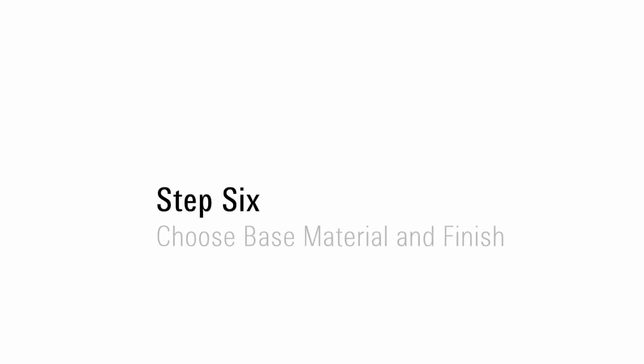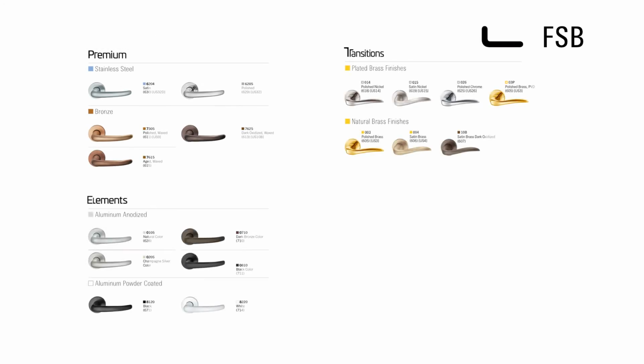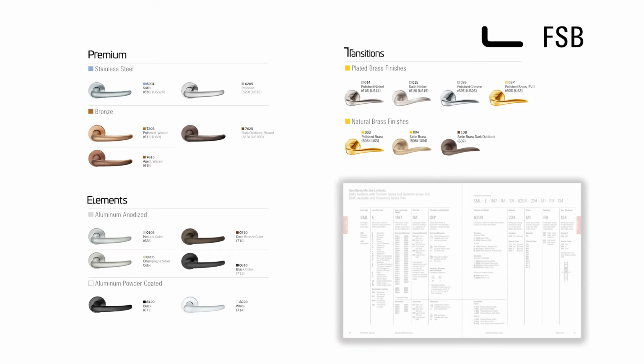Step 6. Choose base material and finish. FSB hardware is available in 3 series of door furniture, including Premium, Elements, and Transitions. These series contain 4 base metals and 21 standard finishes.